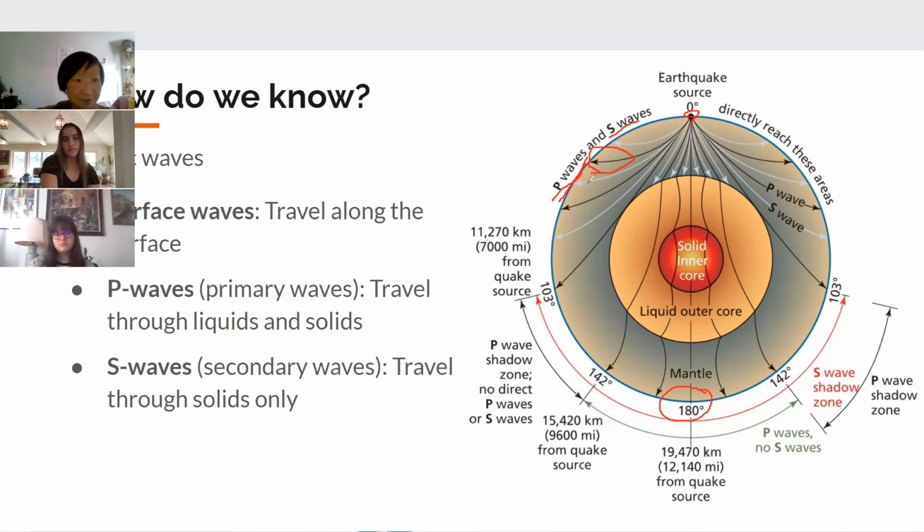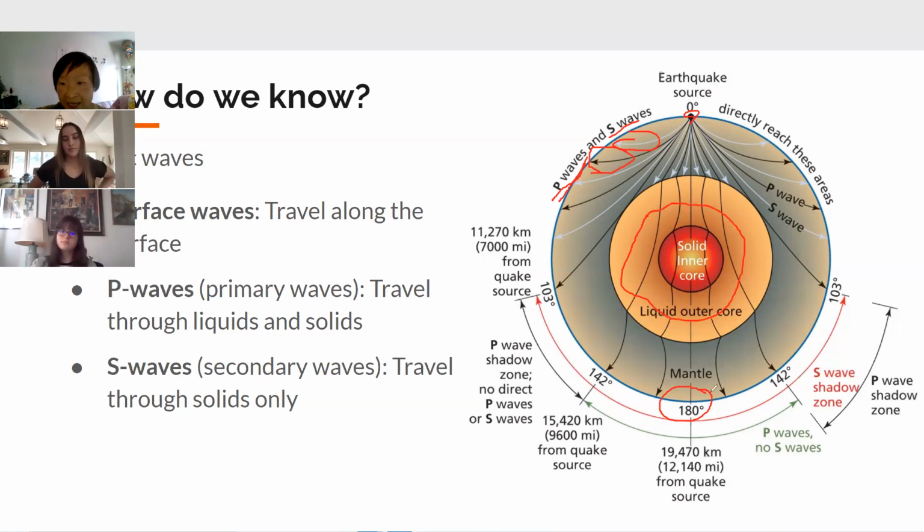But S wave is special. S waves are those gray arrows. They can only penetrate through solid, not liquid. So that is why we discovered 50 years ago that we have this liquid outer core.